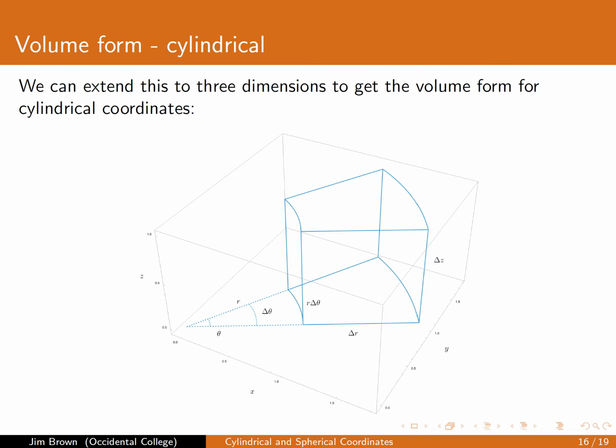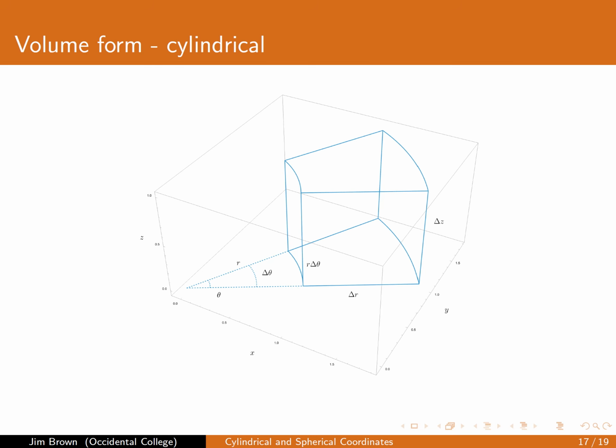So the volume of this thing should be approximately r delta theta delta r delta z. Here's a picture a little bit larger. And so delta V here is about r delta z delta r delta theta. You can change the order, but this is the order you usually end up using. And so our dV, as we take limits here, is just going to be r dz dr d theta. And so when we set up integrals in cylindrical coordinates, this is our dV that we're going to want to use.